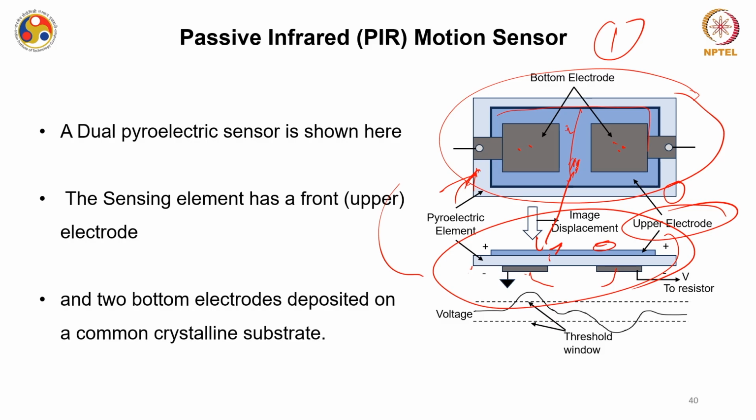I am repeating once again: the dark blue area is the top electrode, a single electrode, and these two black electrodes are at the bottom. They are two segregated, different electrodes, while the upper electrode is only one, with the pyroelectric element sandwiched between them.